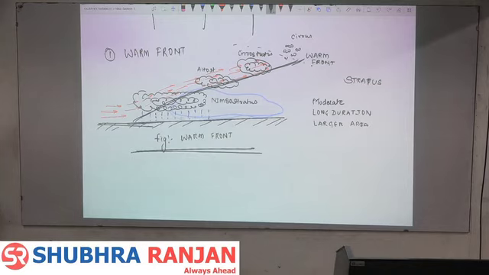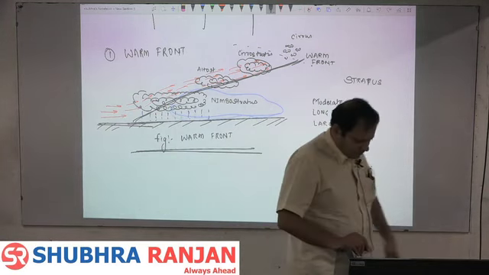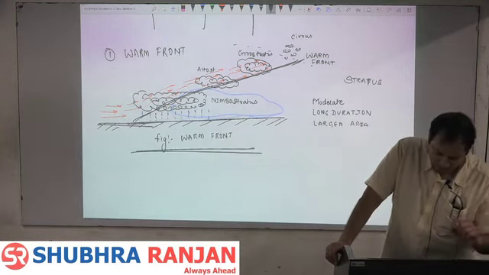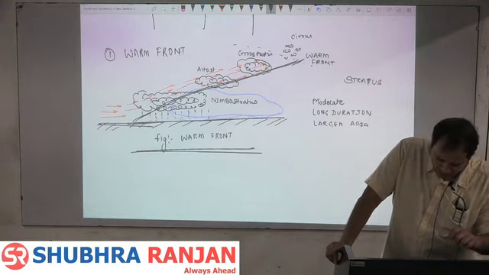The advancing warm air becomes slow. किसके साथ friction? Cold air के साथ. Understanding? Due to friction, the advancing warm air becomes slow and starts rising over the cold air.